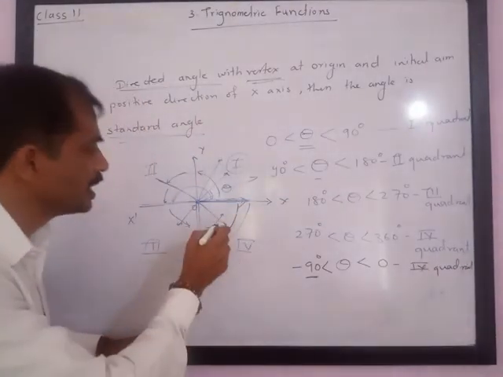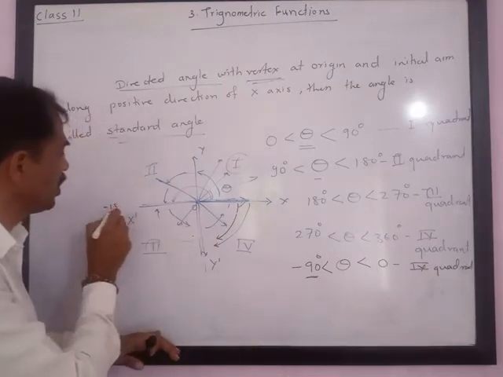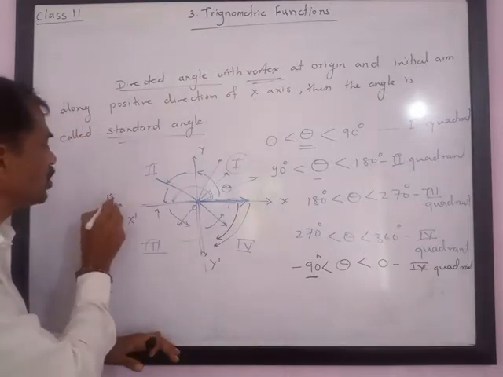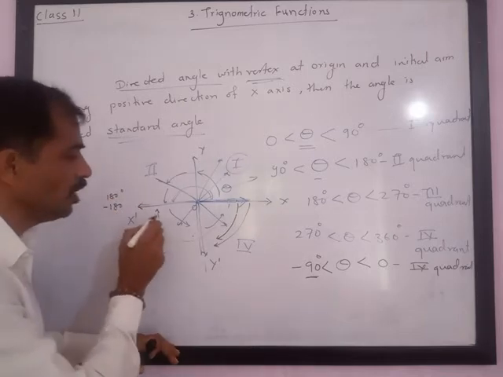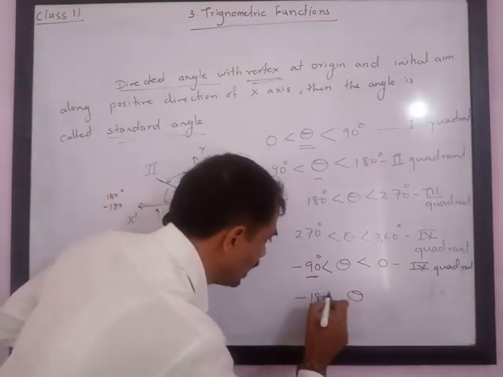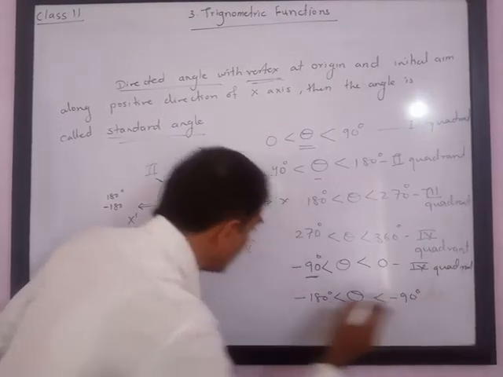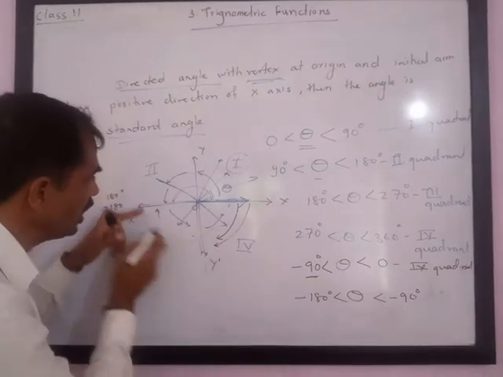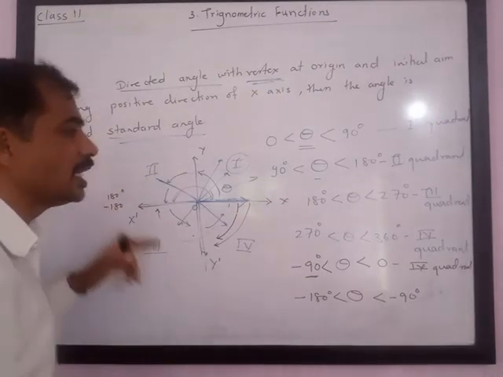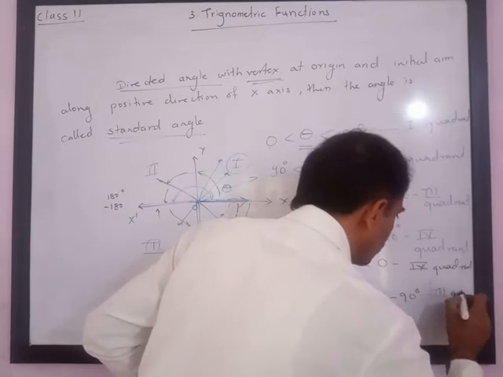Then if theta lies between negative 180 degrees and negative 90 degrees, then it lies in the third quadrant.